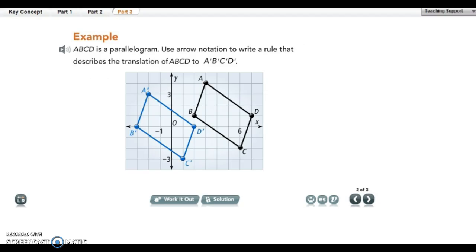Okay, we're going to start from A and go to A prime. The first thing that we're going to do is check and see how far we're going to go. So it's 1, 2, 3, 4, 5 units left. That is also called a -5, so that was my x. And then my y is going to be 1 unit down.